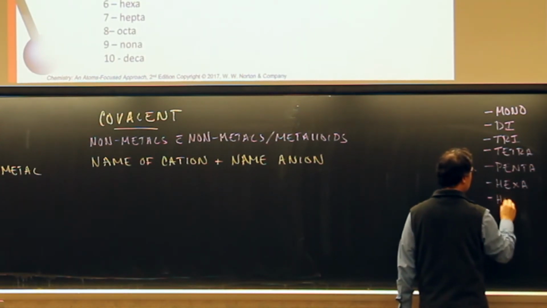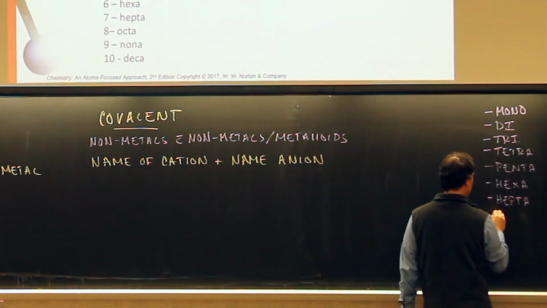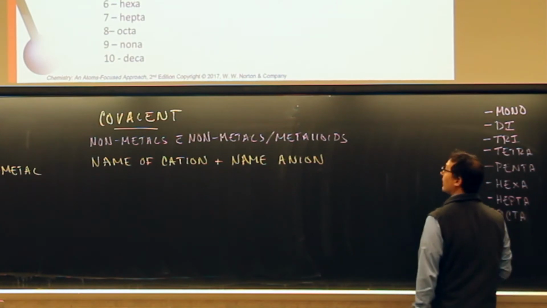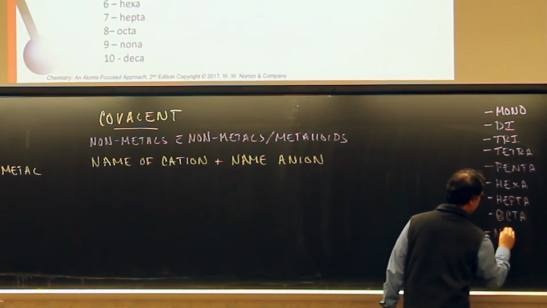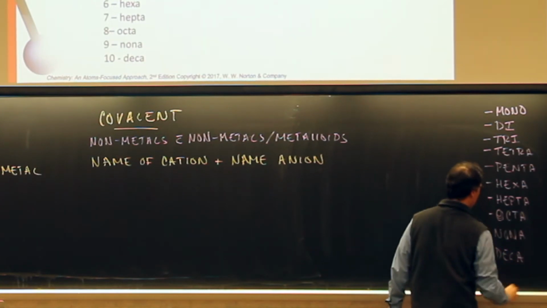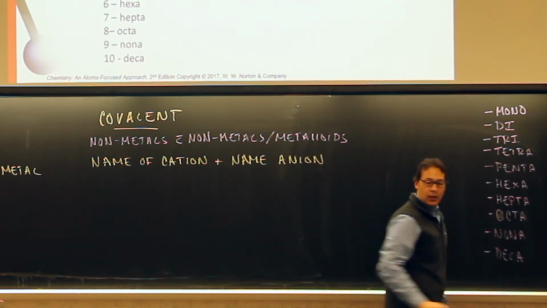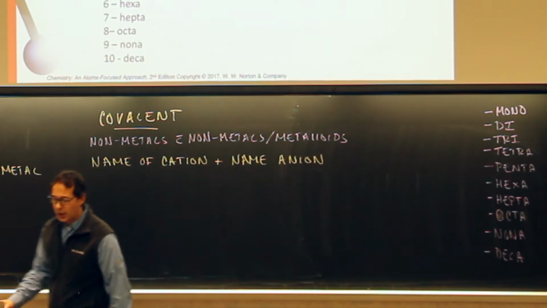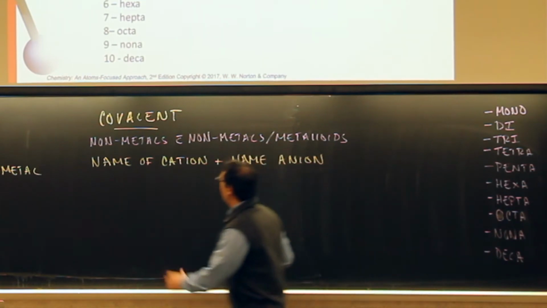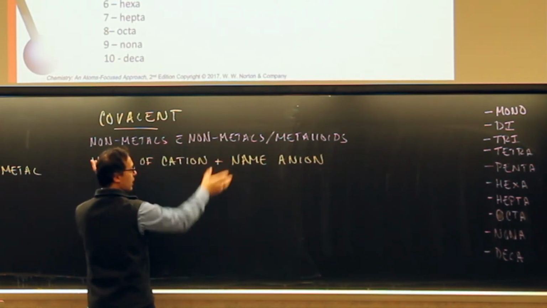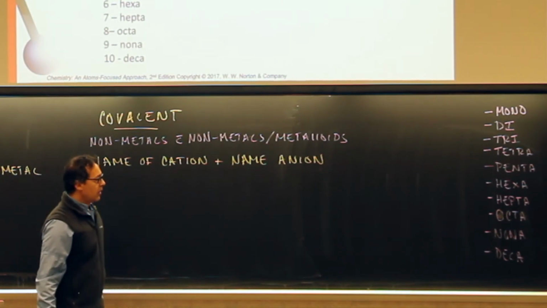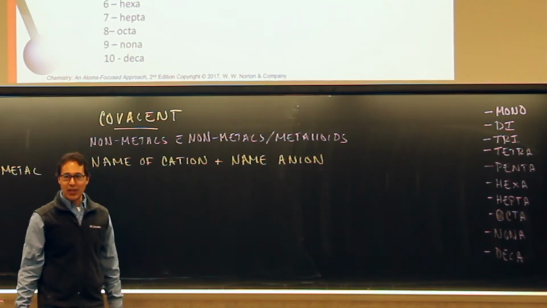Hepta, octa, nona, and then deca. What we do then is put these Greek prefixes in front of our words to show how many of each of these elements we have. Except sometimes we don't.